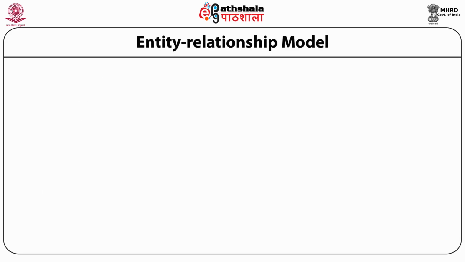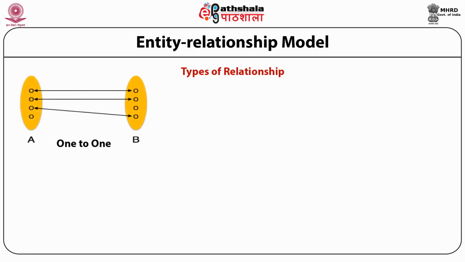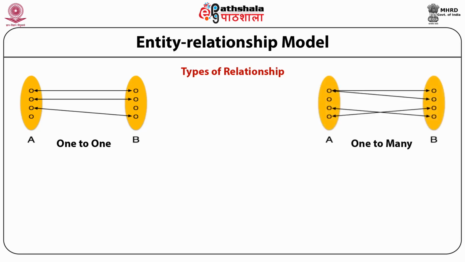For example, we have different sets of entities, and among different sets of entities we often find different kinds of relationships. In this slide we are showing different kinds of relationships. We have a one-to-one relationship. That means there is a set A of entities and a set B of entities, and each entity of set A is related to one entity of set B. Similarly, we have a one-to-many relationship.